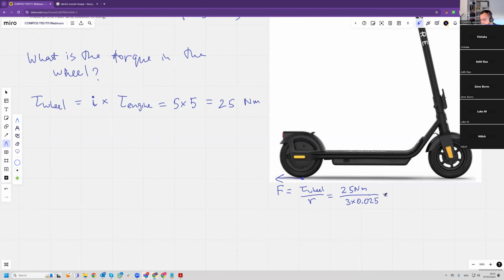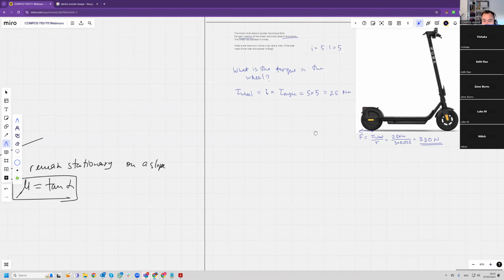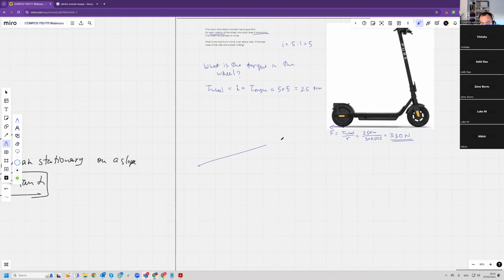That gives 25 divided by 0.075, about 330 newtons. That's the maximum force in the wheel that pushes the scooter.